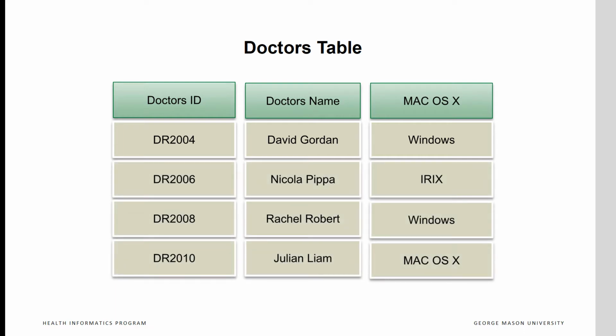In the second row, we have Dr. 2006. His name is Nicola Pipa and he is using IRIX operating system. Each row describes a different doctor. The primary key is the field doctor's ID. All of the information in this table is about unique cases reported in each row.